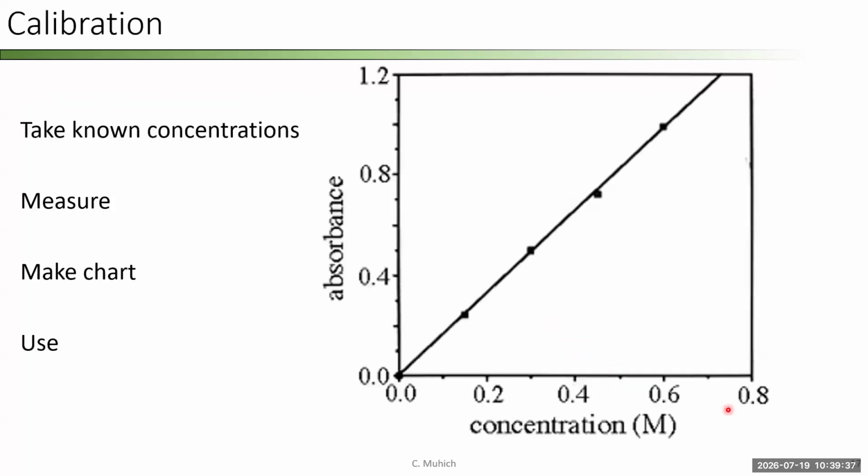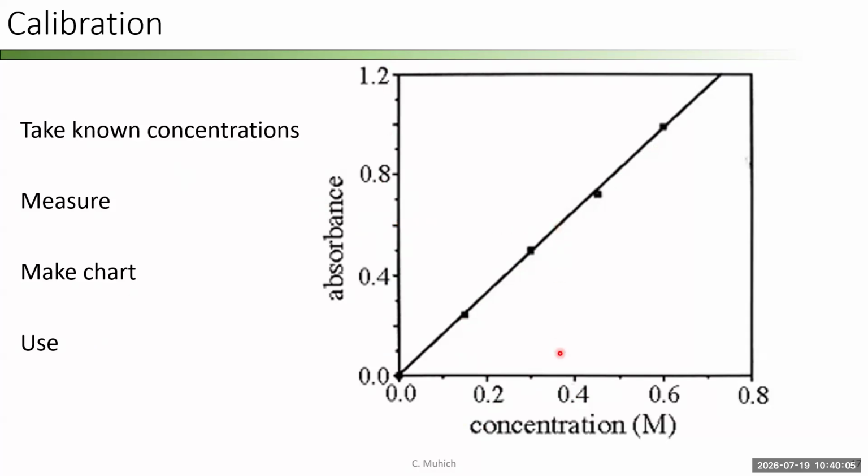So we can make these calibration curves. We go into the lab, we take a standard sample, we measure that standard sample at different concentrations in our spectrometer. We create this chart, and then we take the unknown sample. We see how much it absorbs. Maybe it absorbs at 0.06.